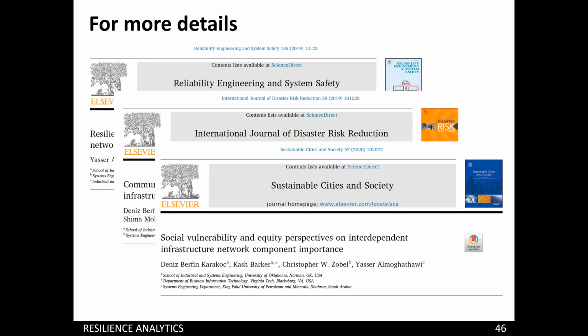What's the most important machine on a factory floor, for example? There are different approaches, different philosophies on how to pick out what the most important components are. And we did this for interdependent networks with a social vulnerability and an equity perspective. And that appeared in Sustainable Cities and Society back in 2020. And again, you'll notice Chris Zobel, who's another lecturer in this course.